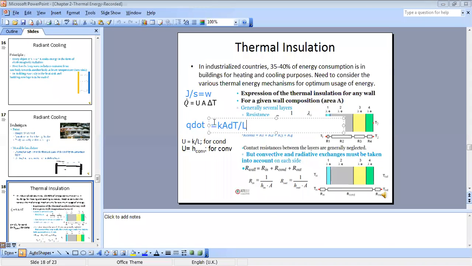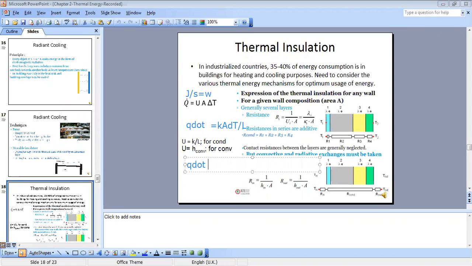This is why we can write the following expression for Q dot conduction. Now we define a general form of any heat rate, which is U A delta T. And this form can be valid for conduction and can be valid for convection. Because for convection, what was the expression?